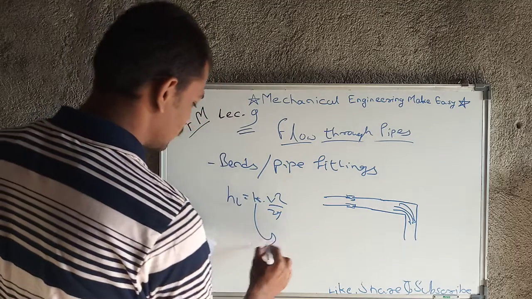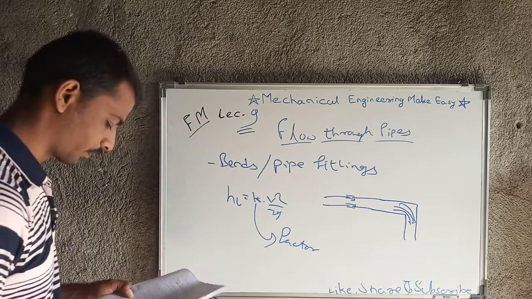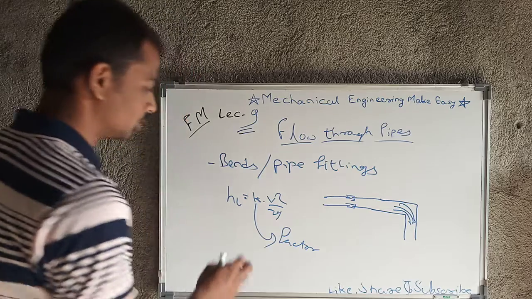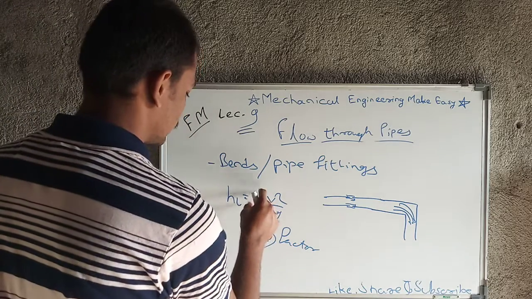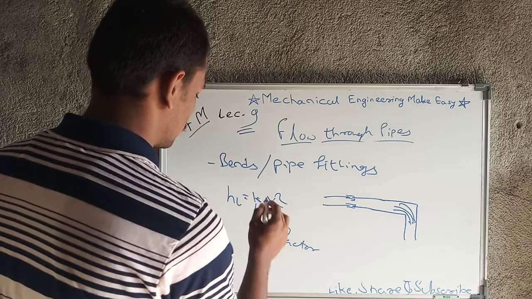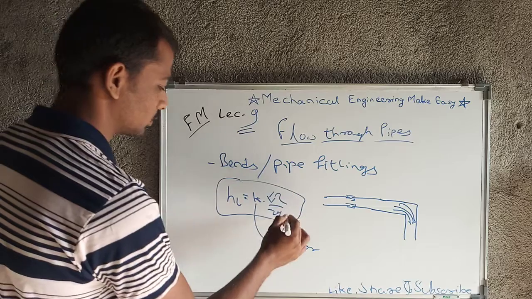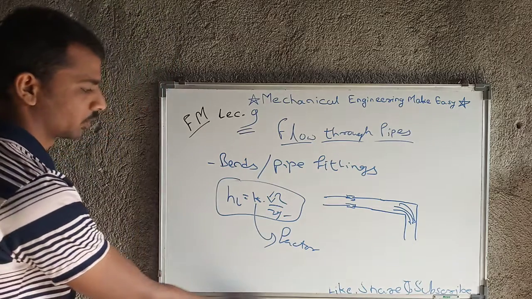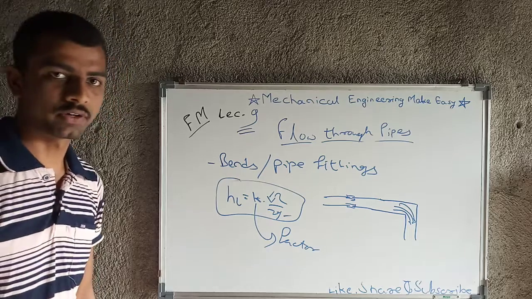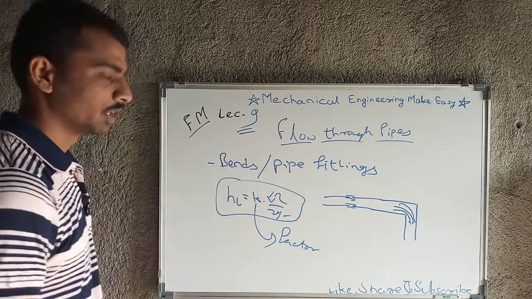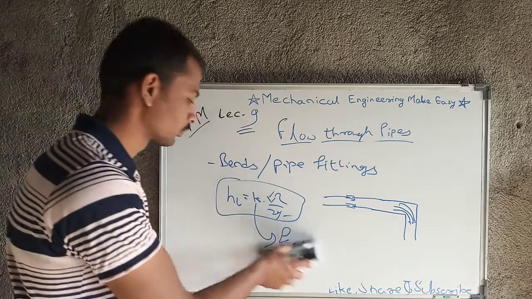This K is a factor that you will get in the numerical, and by putting the value of that K you will get the value of head loss. This is velocity, this is G, acceleration due to gravity. That factor probably lies between 0.4 to 0.7 or so, and if not given then you can take that factor as 0.5.